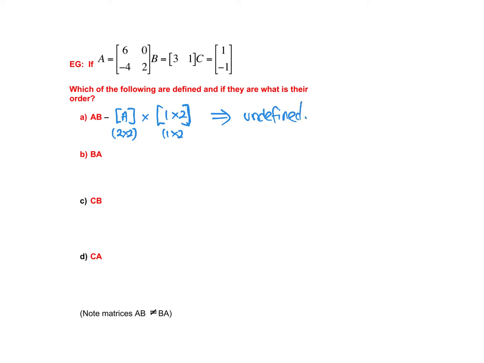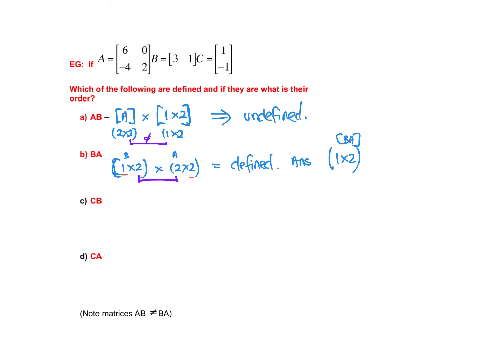Because the columns in A do not equal the rows in B. Then if we do the next one, B, a 1 by 2, multiplying with A, which is a 2 by 2, this one is defined, because the number of columns in B equals the rows in A, and our answer would have an order of a 1 by 2. So our answer BA would be a 1 by 2.